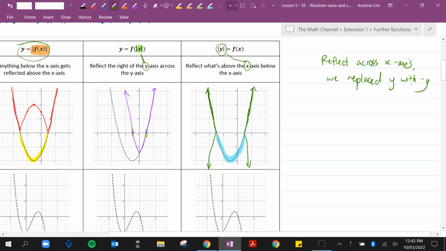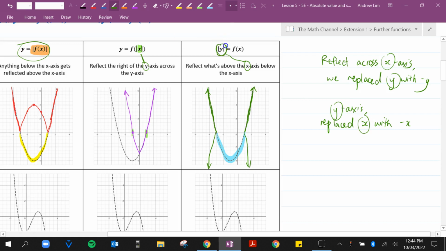And when we reflected across the y-axis, we replaced x with negative x. Right? So using the same sort of connection, when we want to reflect a graph across the x-axis, we replace y with negative y, and for the y-axis, we replace x with negative x.